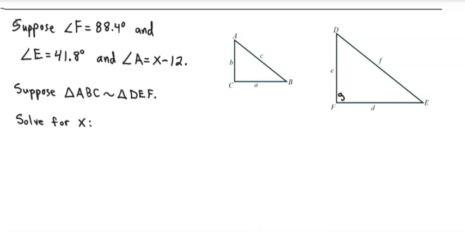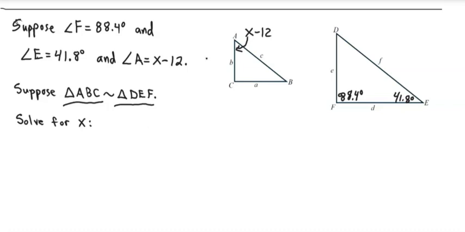So I'm going to go ahead and put that here, 88.4 degrees for angle F. Angle E is 41.8 degrees. And then angle A right here, that's equal to x minus 12, okay? And we're assuming that triangle ABC is similar to triangle DEF.